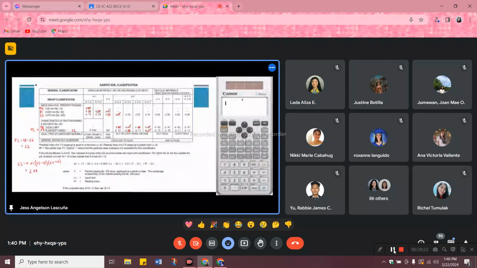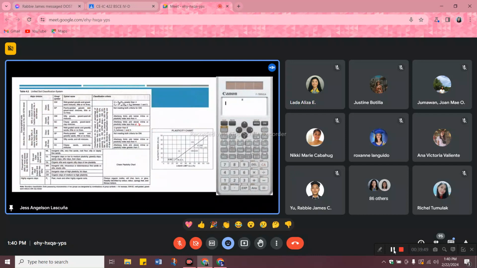Then the rule is that we round it off. So the GI rounds off to 2.